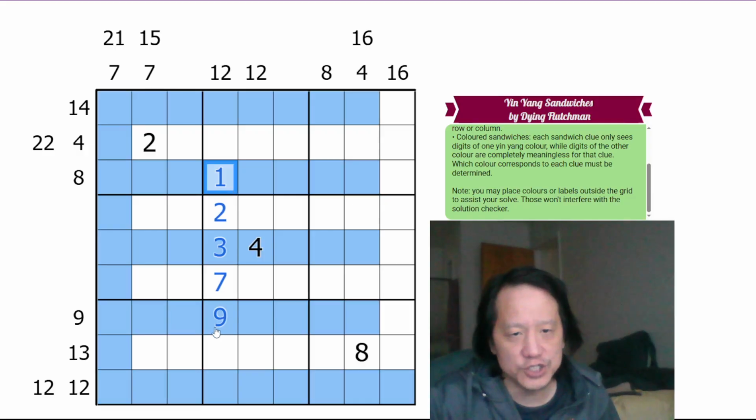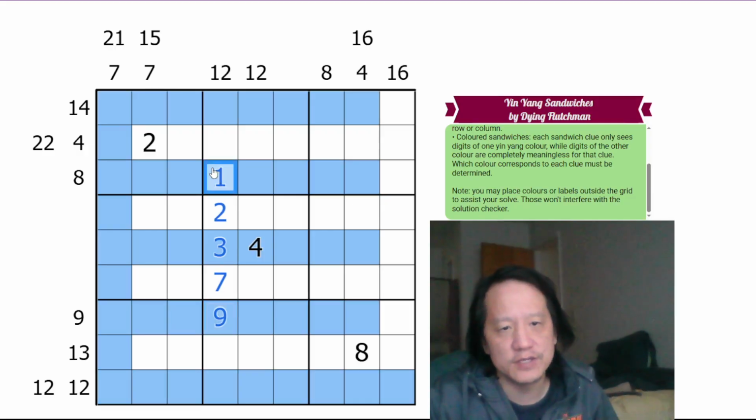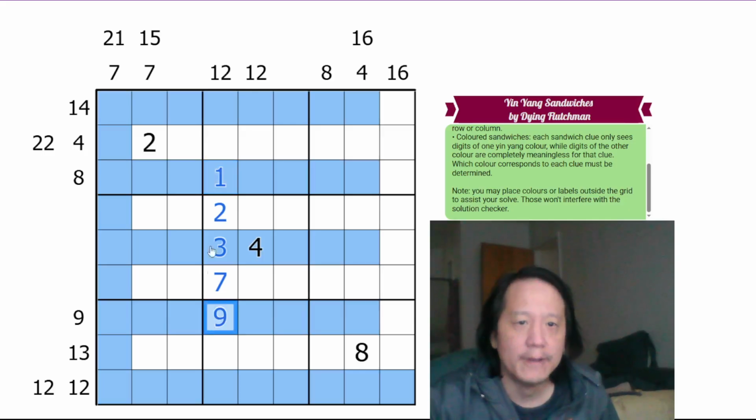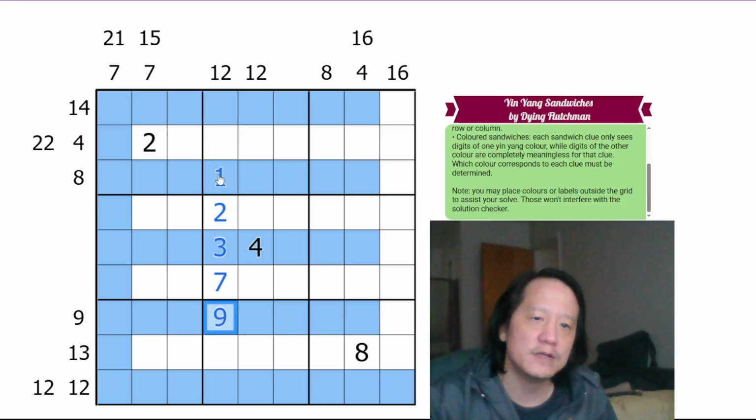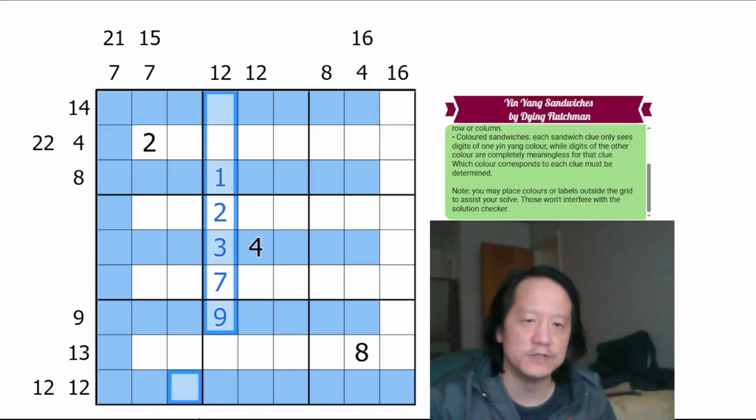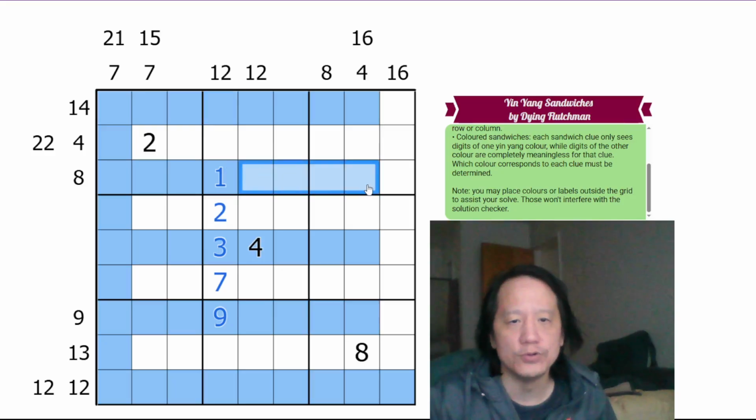The reason this would work here is that if you're assuming the sandwich is between blue cells, this is 1 and 9 and these add up to 12 in between them.